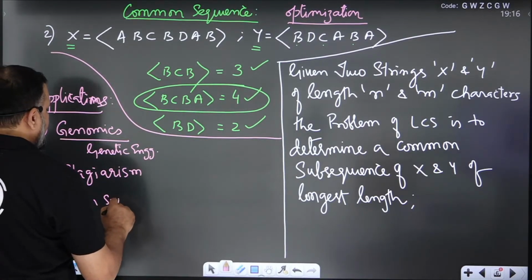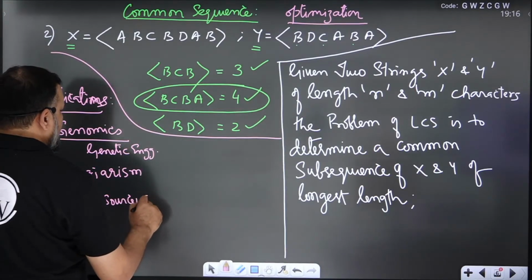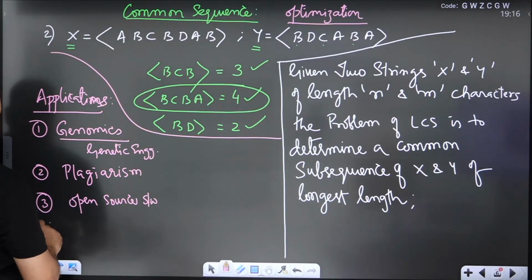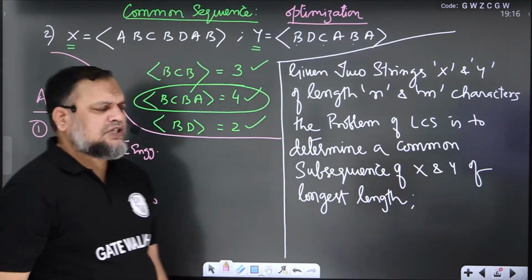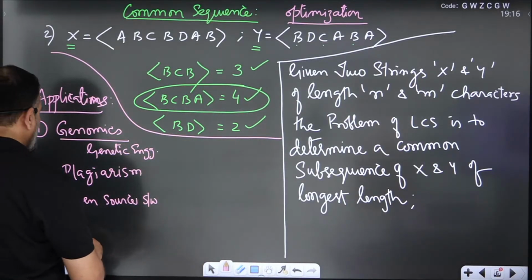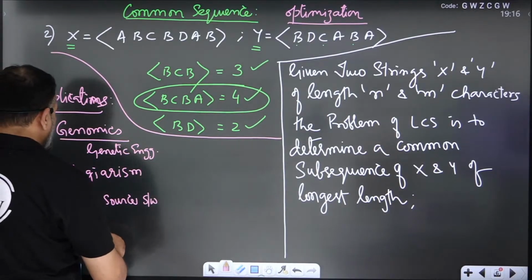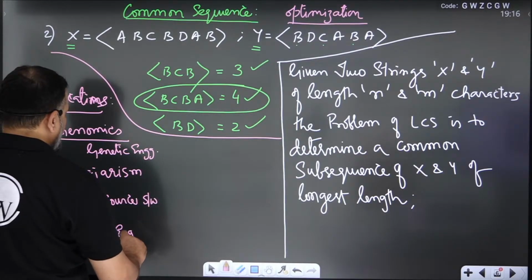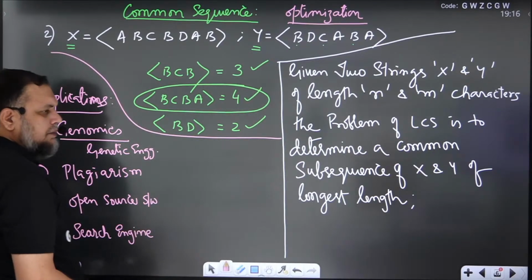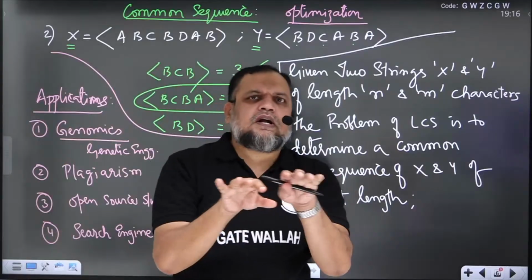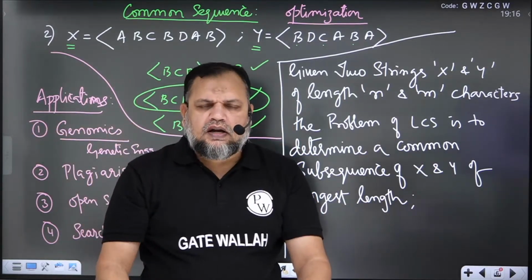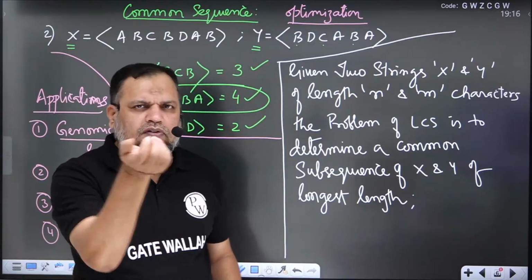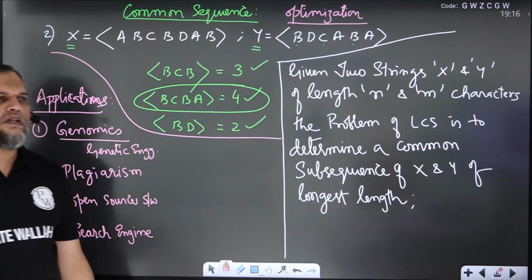Plagiarism, again, it is the same concept, right? Yeah, search engine, it is also used in search. Most of our Google search, etc., they adopt this. For example, in the Google address bar, if you start typing, what is so and so, then it starts giving you suggestions, is it not? So that is nothing but LCS problem.